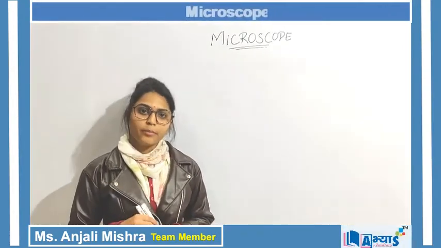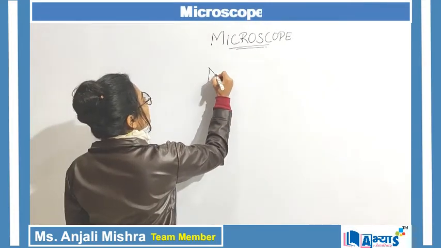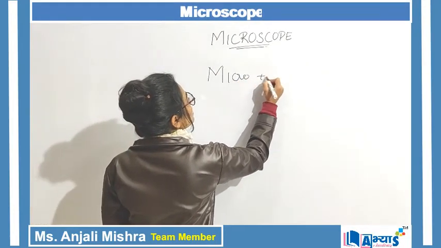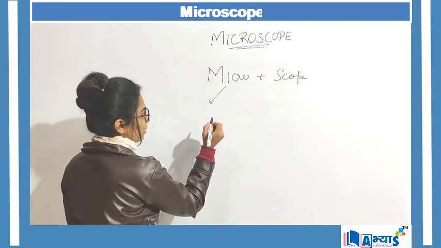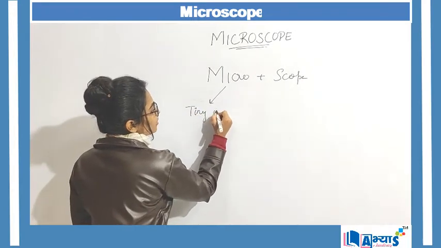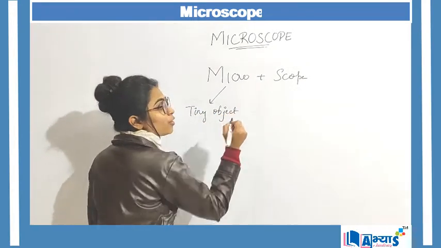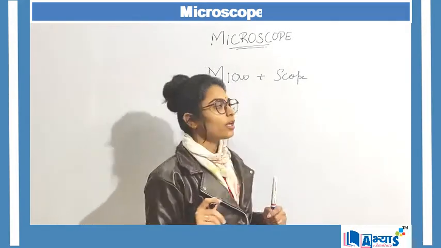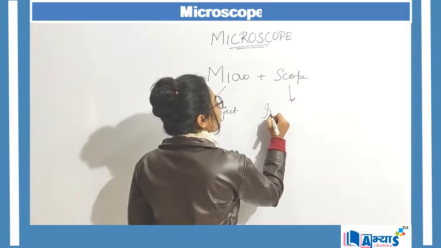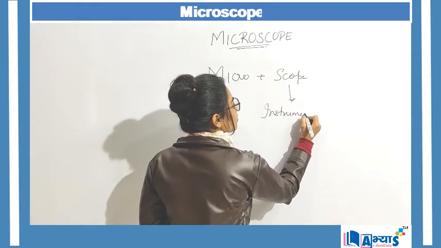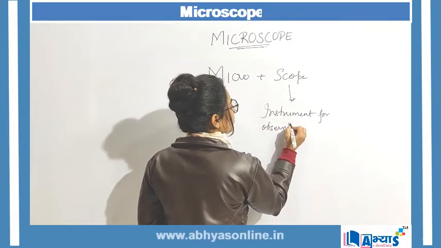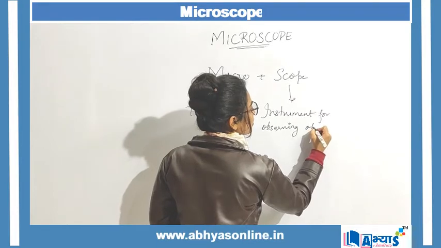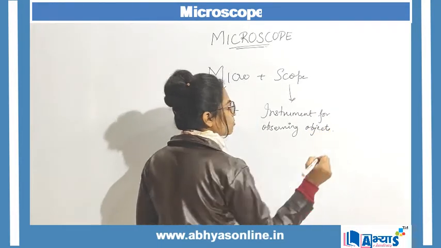New topic, that is microscope. If I split this word microscope, micro plus scope, it gives a meaning: micro means any tiny object which is not visible by the naked eye, and scope means an instrument for observing objects.